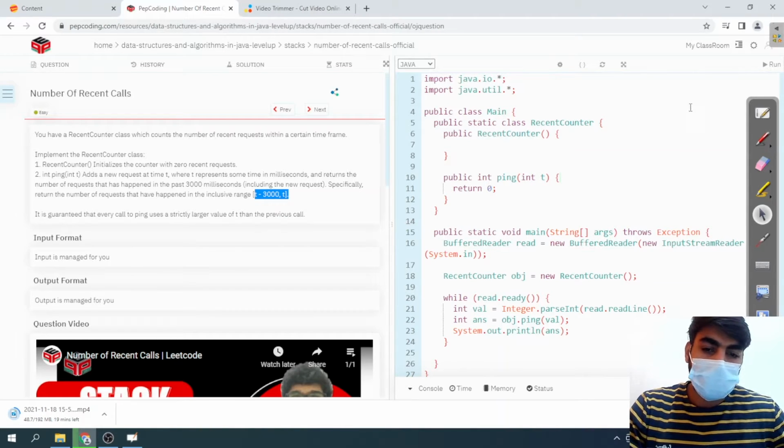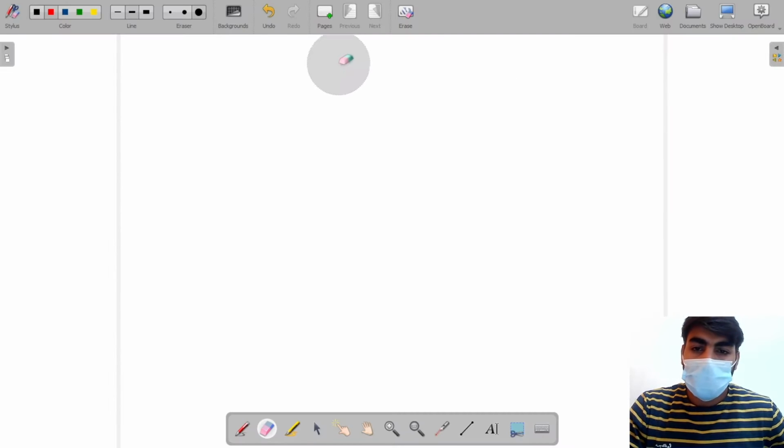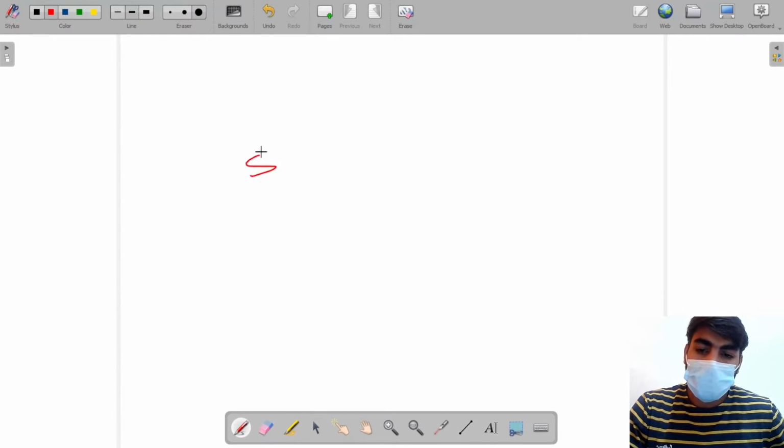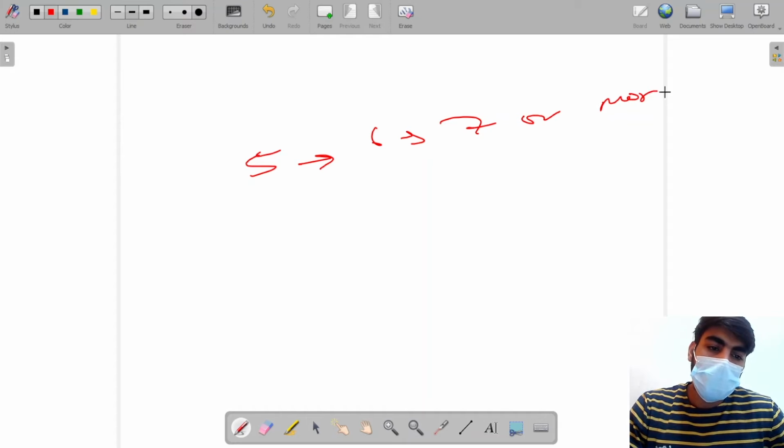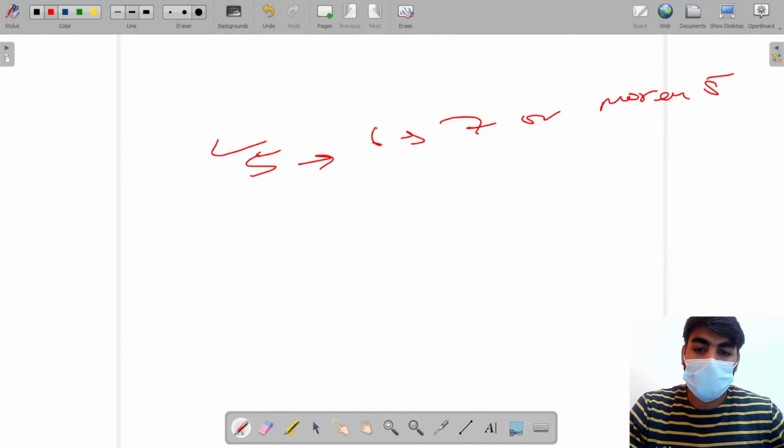So the meaning of this line is, if we have the previous value of t as 5, then the next one will be 6 or 7 or more than 5.